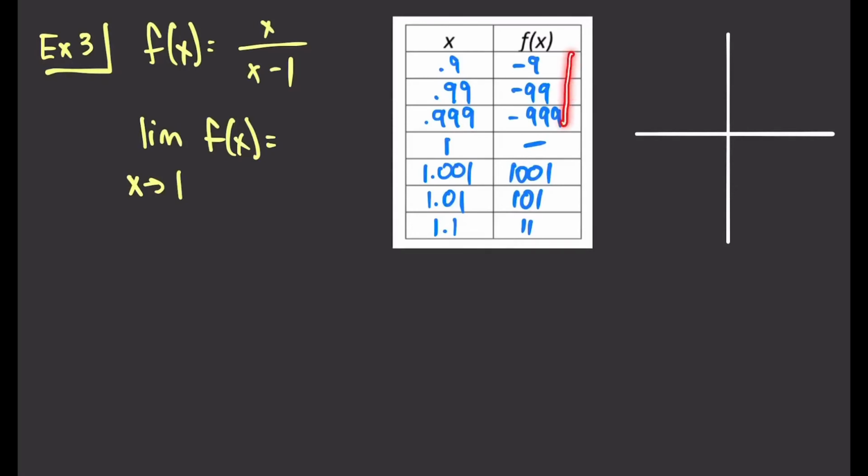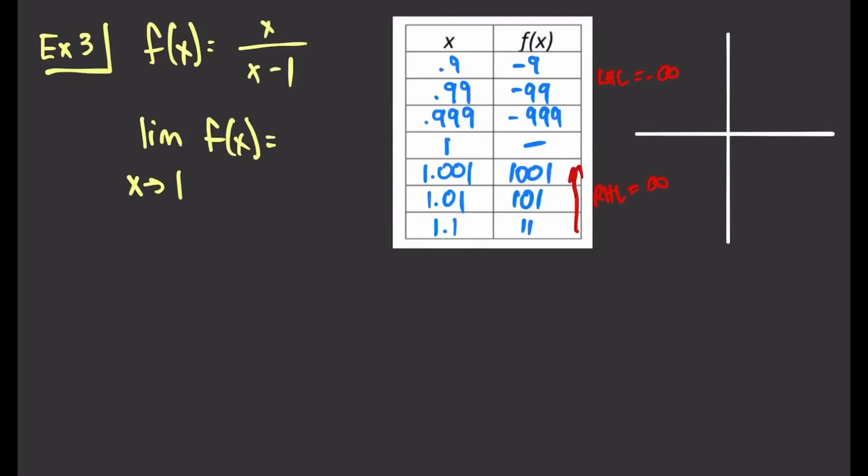What are these getting closer and closer to? Well, they just keep decreasing and more quickly. So that happens to be my left-hand limit. And I would say that's equal to negative infinity, right? They just keep decreasing. And this right here, I would say, is the right-hand limit. And it looks like they just keep increasing, so that'd be infinity. So on one side, we're approaching negative infinity. On the other side, we're approaching infinity.